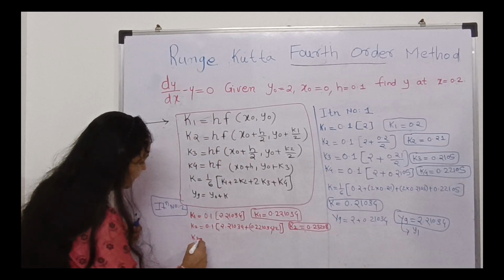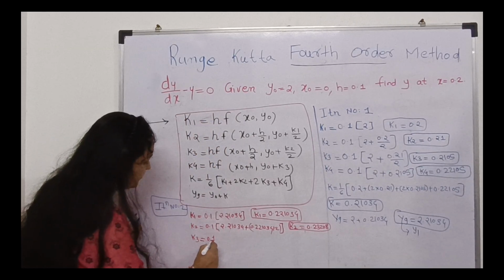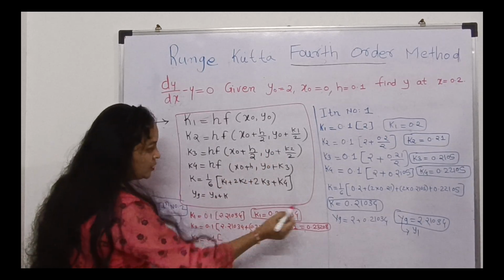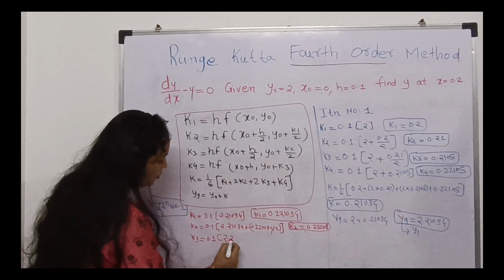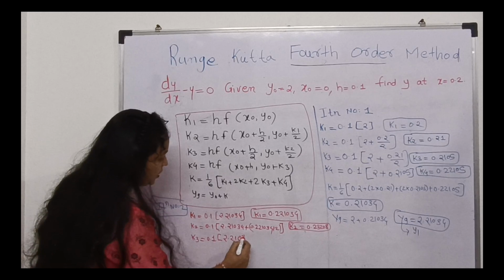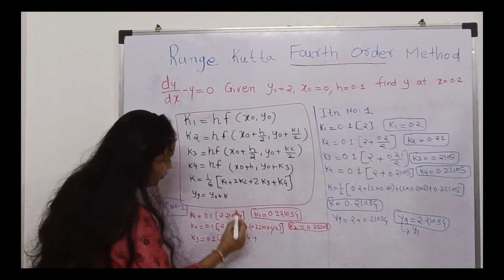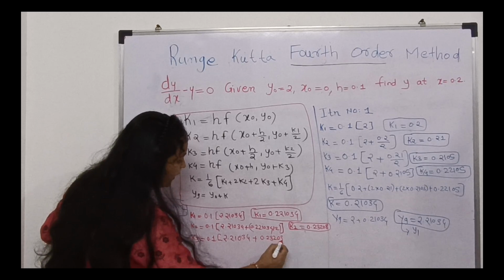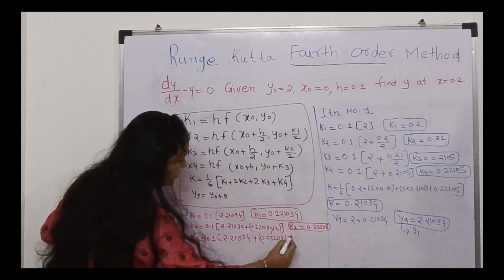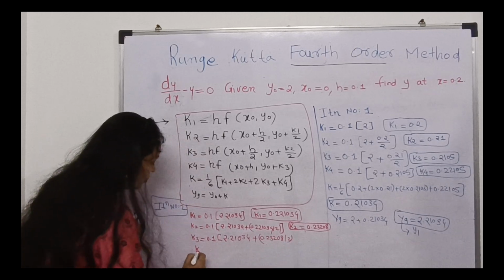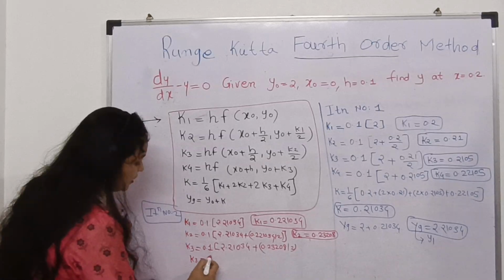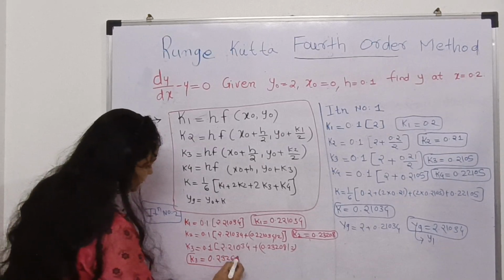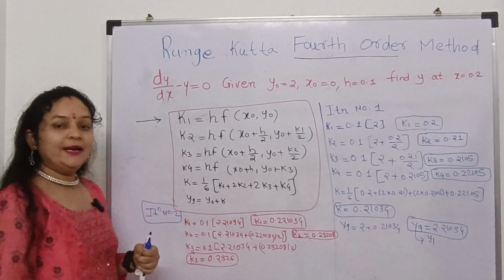Calculate K3, which is equal to 0.1 times y0, where the y0 value is 2.21034 plus K2, 0.23208, divided by 2. Through simple calculation it becomes 0.2326.